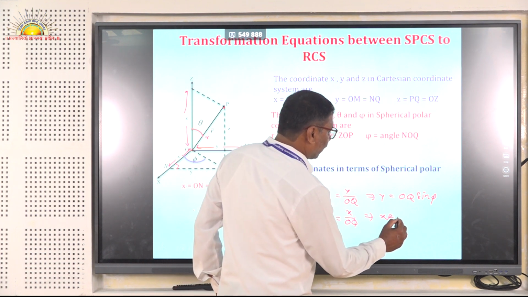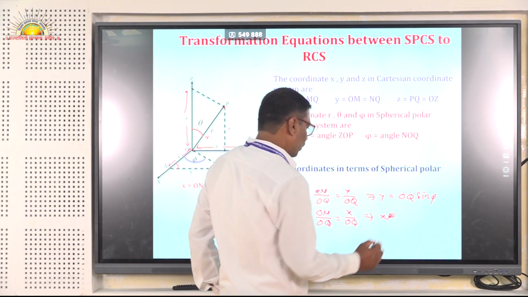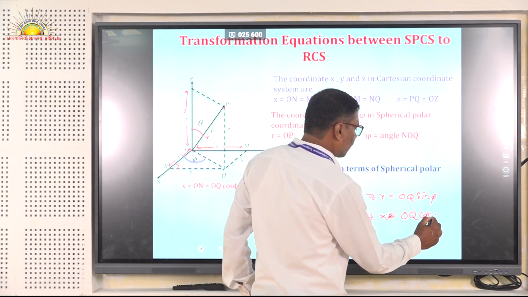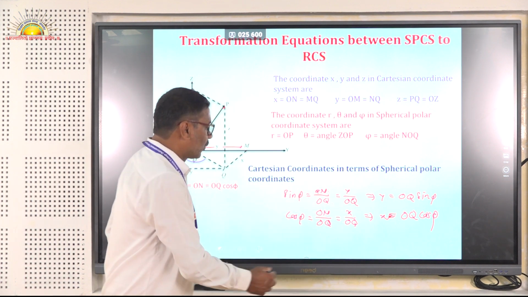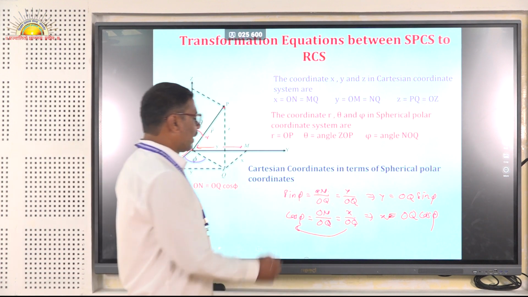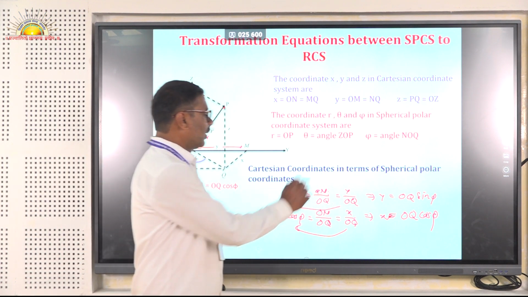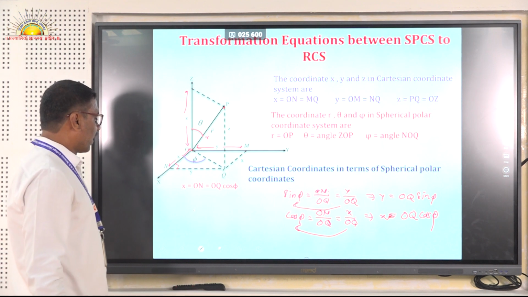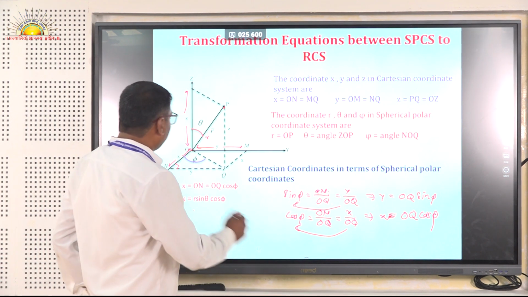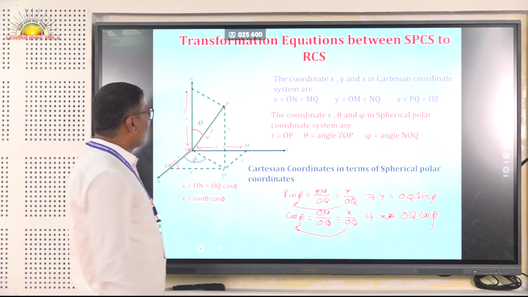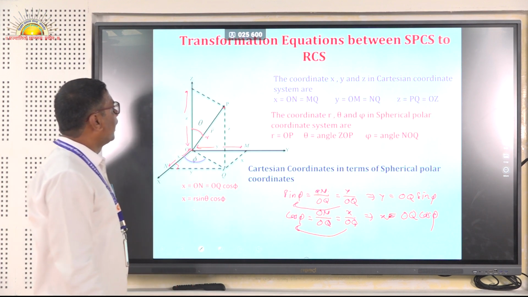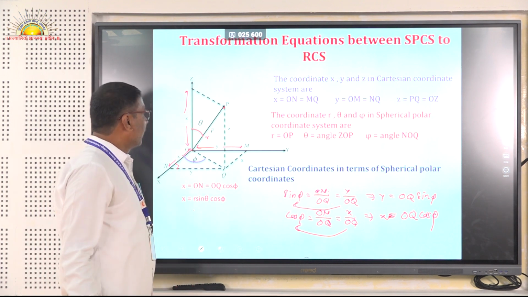Therefore x is equal to OQ cos phi, and y is equal to OQ sin phi. Now we want to find this OQ. OQ is nothing but ZP.